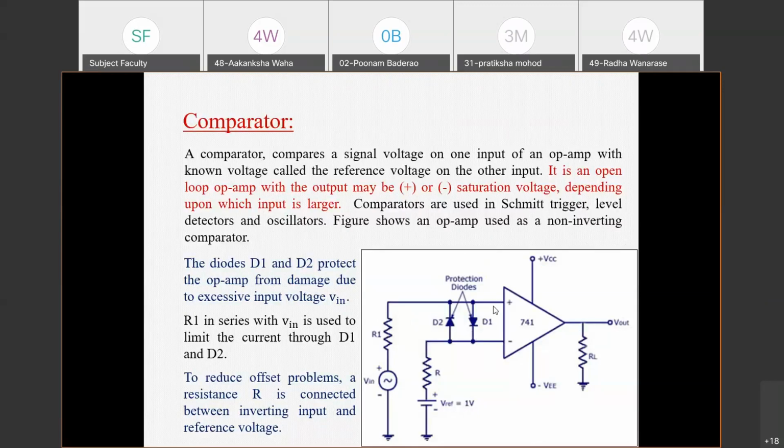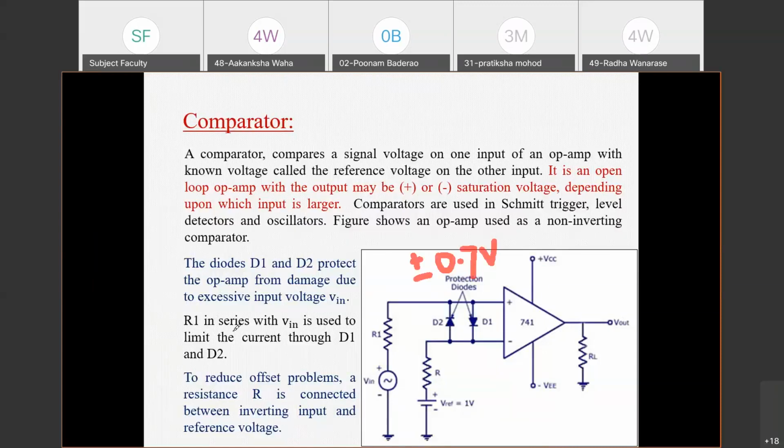The maximum differential voltage between these two input terminals will always be either plus 0.7 or minus 0.7. So diodes D1 and D2 will protect your op-amp from excessive input voltage. That is the work of your diodes.